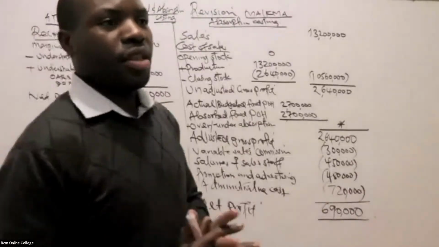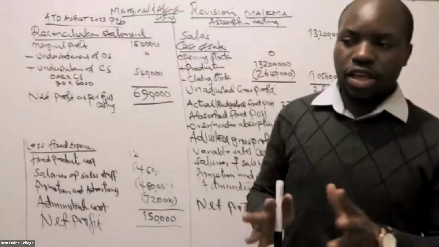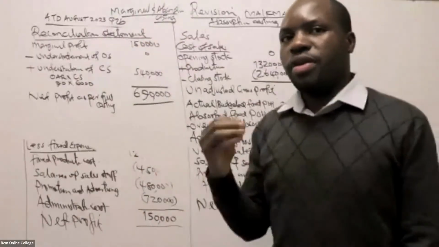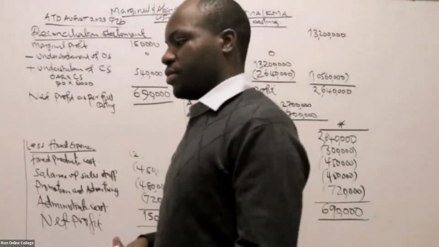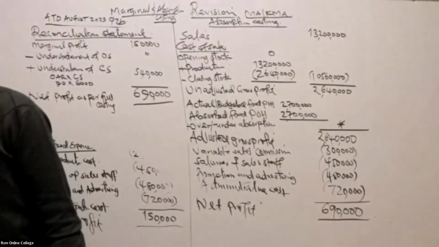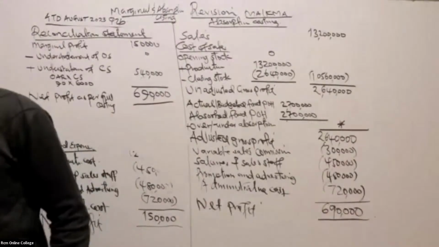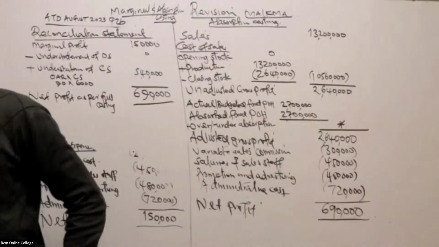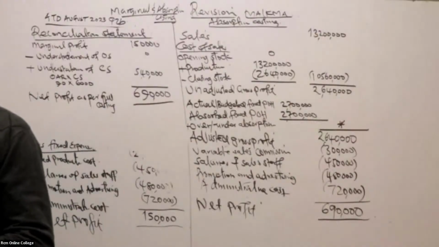So let's assume you are to take your exams tomorrow and you find this question in your exams, will you be able to get all the 10 marks? Yes, so that's how simple this unit is.